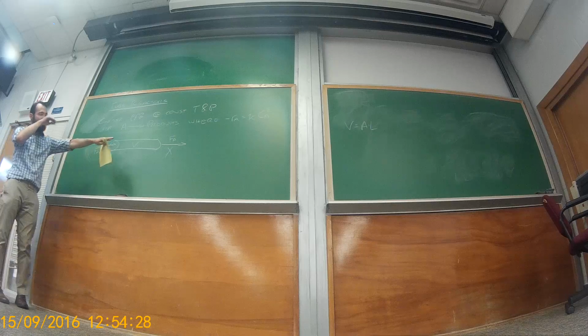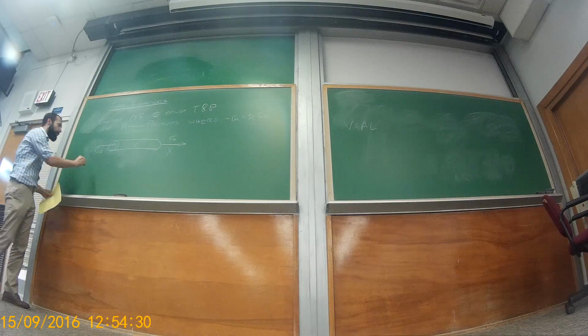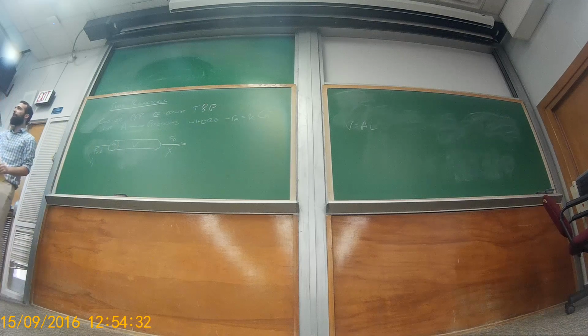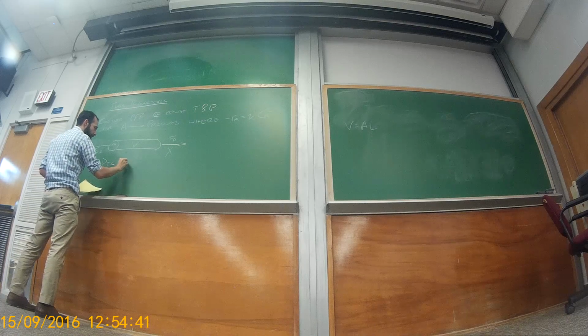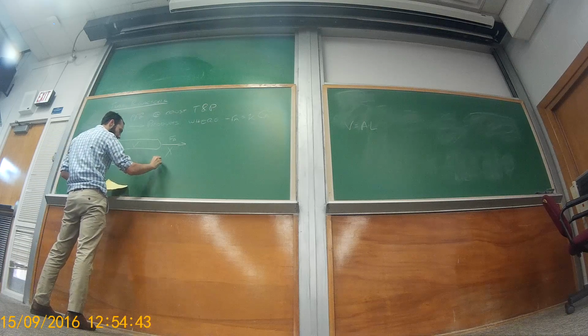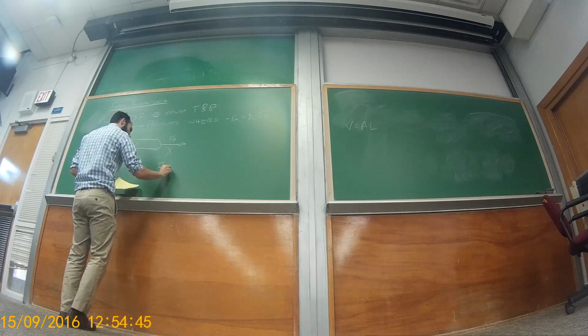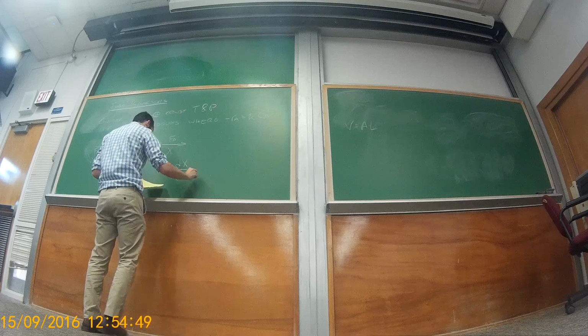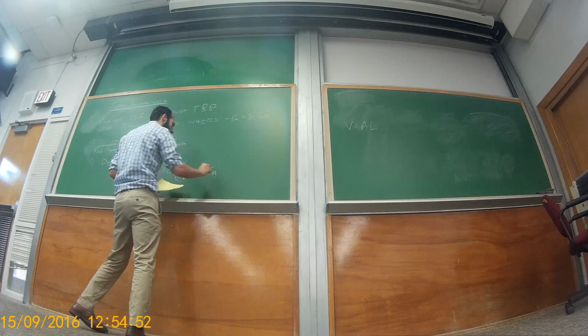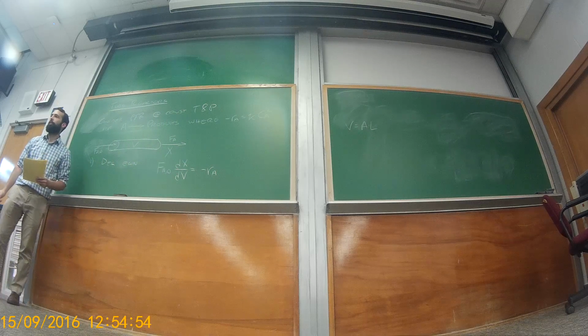Okay, but yeah, we've got some set volume. And so where do we start? You guys remember the 6 boxes we put up on the board on Tuesday? Also known as the design equation, right? And so we can write FA naught times the change in conversion over the change in volume is equal to the rate.